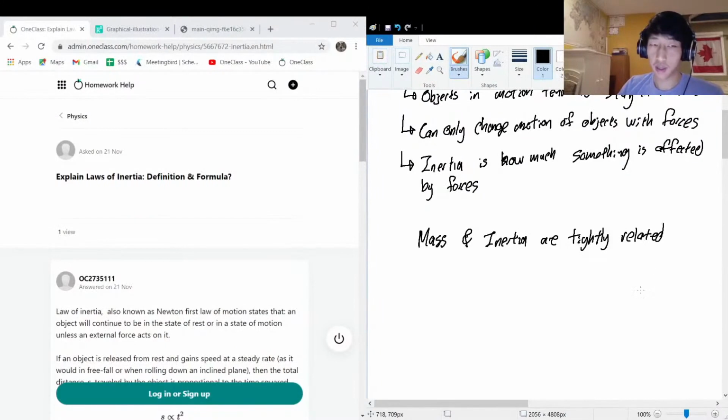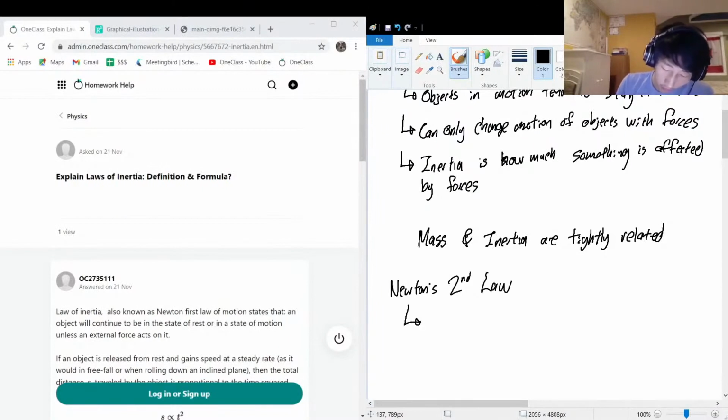It also goes into Newton's second law, which is about the magnitude of the acceleration, because force always causes acceleration. Newton's second law is force equals mass times acceleration.